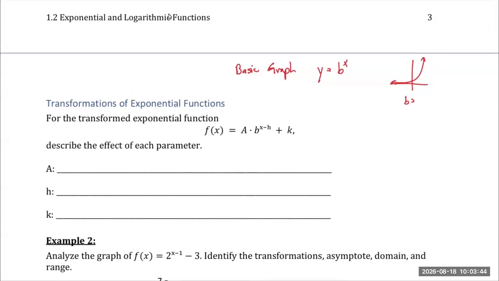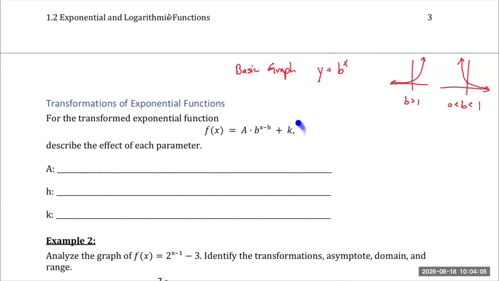And if b is between 0 and 1, it kind of has this general shape, like that.